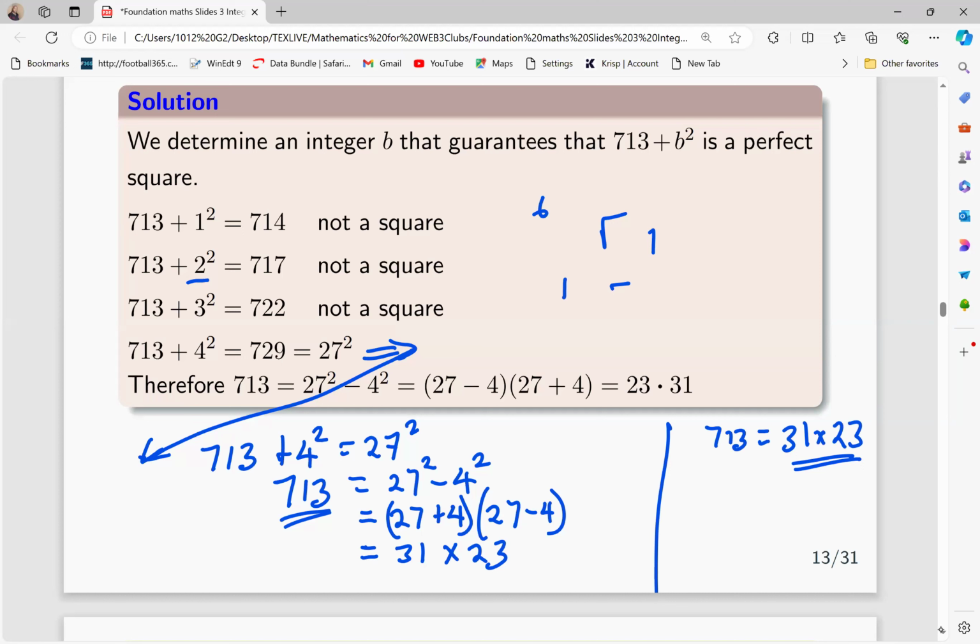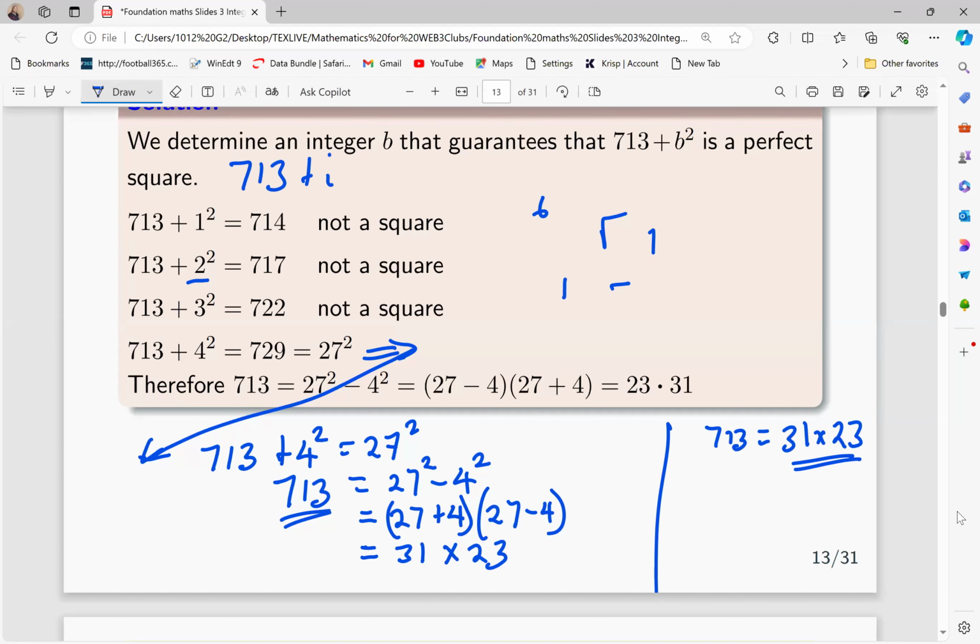So if you have a program, maybe you're saying it's 713 plus i squared, where you're defining i, and i is just 1, 2, 3, and so on, until you obtain a perfect square.